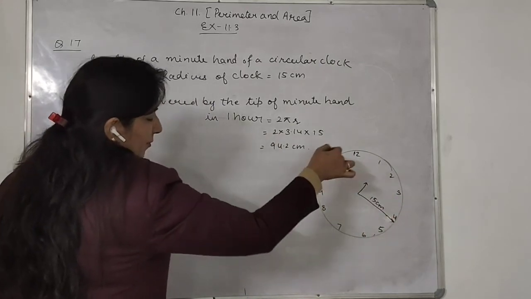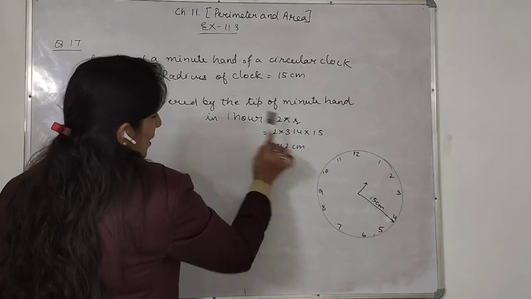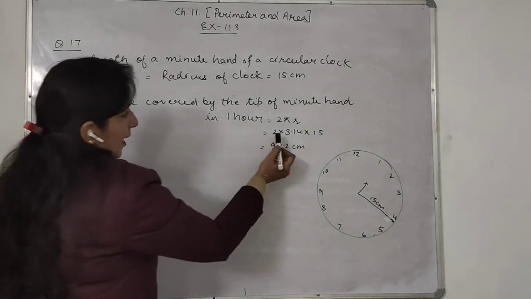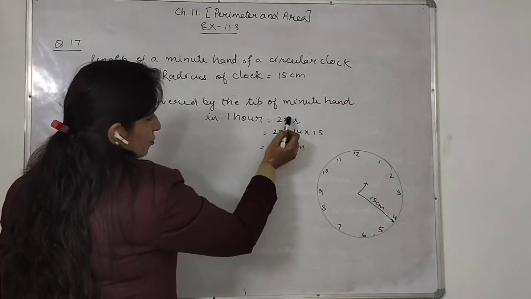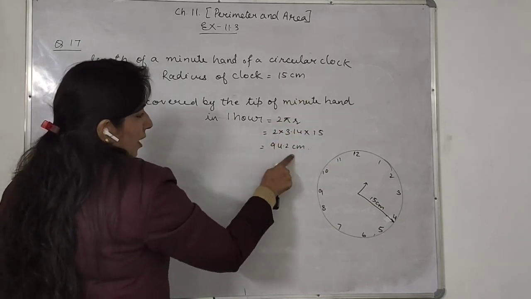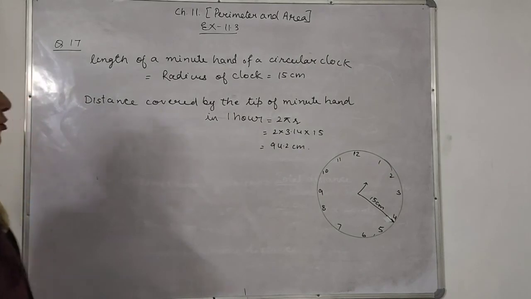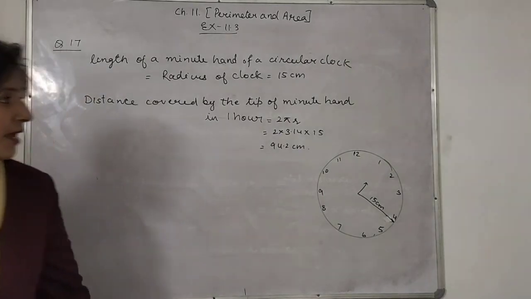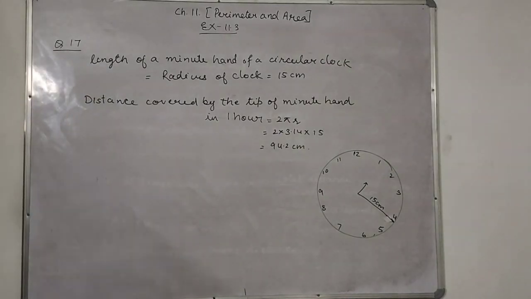So we apply 2 pi r: 2 into pi 3.14, and 15 centimeters is the radius. After calculation, 94.2 centimeters is the distance traveled by the tip of the minute hand. So this is the end of exercise 11.3.